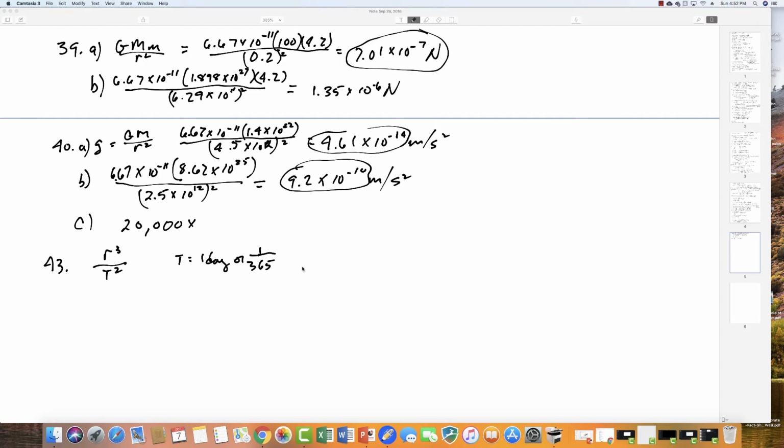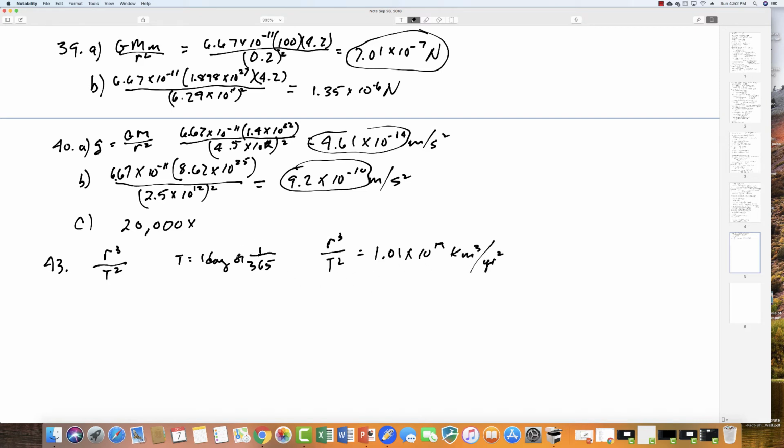So calculate the radius of such an orbit based on the data for the moon. So they want you to take the table, take the moon data, and the moon data says that R cubed over T squared, over the period squared, is 1.01 times 10 to the 19th kilometers cubed over years squared.